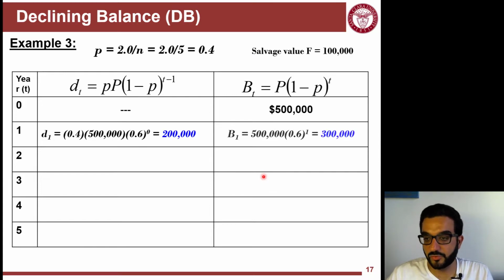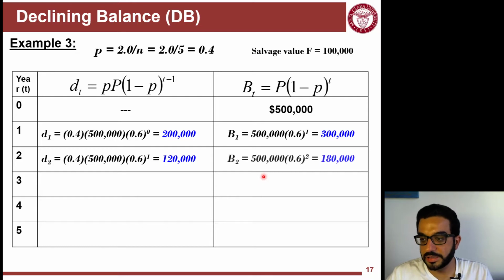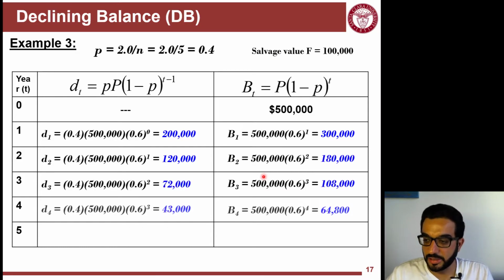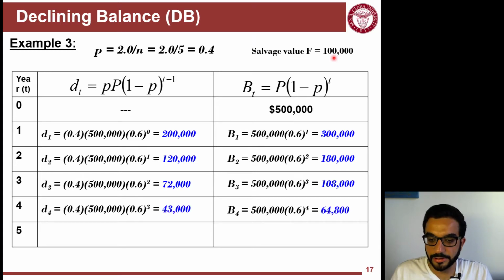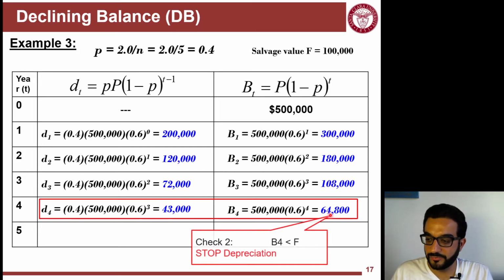So you just apply the formulas here of dt and bt, and I keep calculating bt, dt, and paying attention to my book value here, making sure that I'm above the 100,000 salvage value, and that's the case for the first 3 years until the fourth year. I see here I'm dropping below 100,000, which is not acceptable. So I have to correct things right away here.